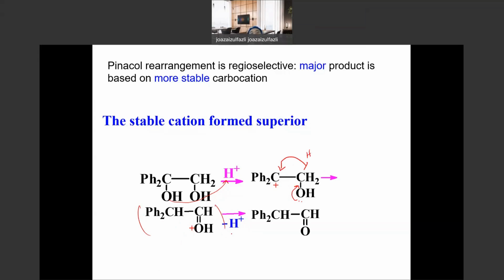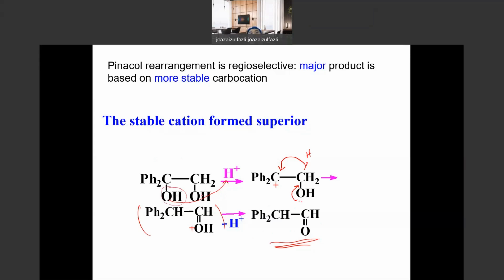And then loss of a proton to form the final product. So in this case, it's an aldehyde.